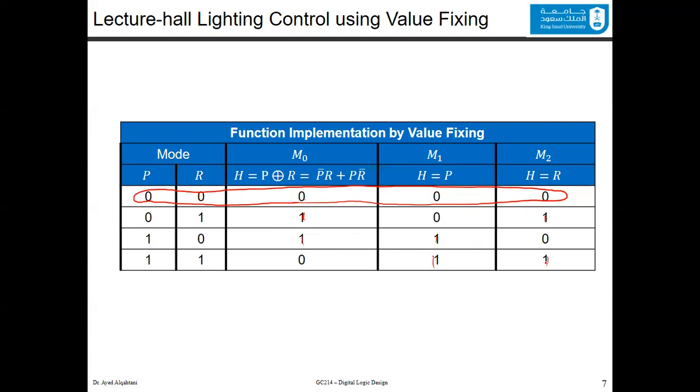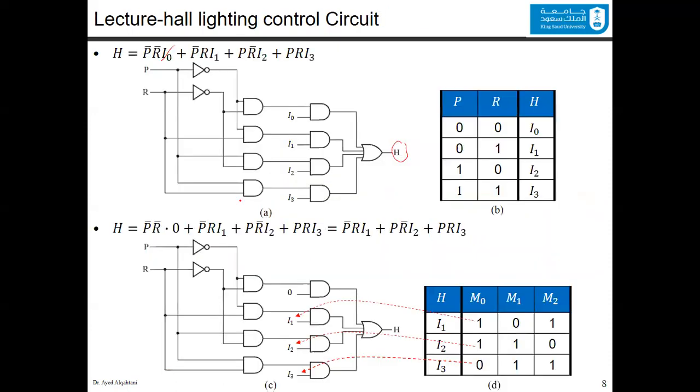And by applying what we just mentioned, the value fixing, we can fix this to be 0. And we will do this in the block diagram by having a 0 here. And since M0 now, the remaining output bits are 1 1 0, 1 for I1 and 1 for I2 and 0 for I3, we would say that we will consider I1 here, I2 here, and I3 over here.